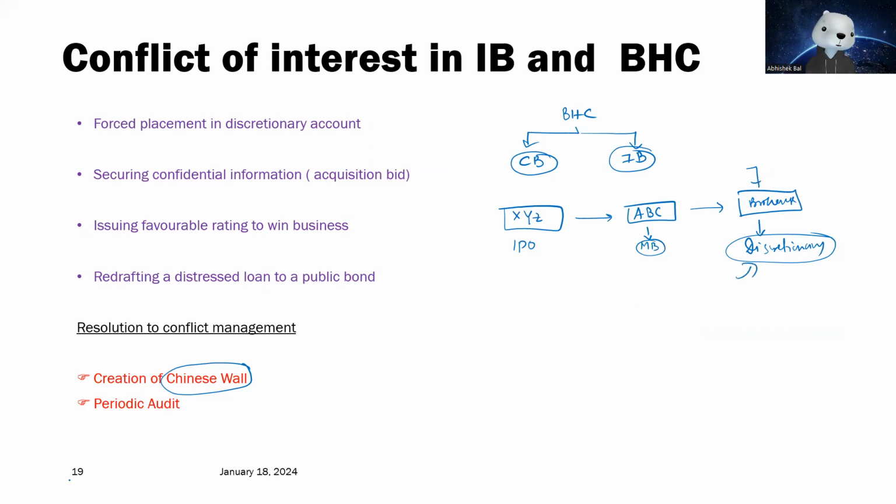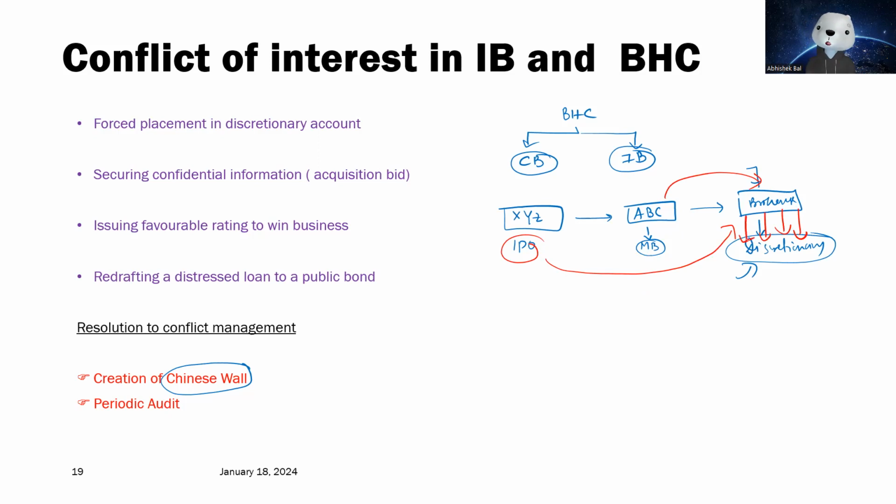Now, it's possible that this particular company is of a mediocre nature, and they're not very sure how the market is going to respond to their IPO. Maybe the response is going to be lukewarm in nature. But in order to garner and boost the IPO from the very beginning, to give them the requisite fillip, ABC, that is the merchant bank, may actually try to influence the broker to buy a few primary shares, the initial shares, in the discretionary account of the client.